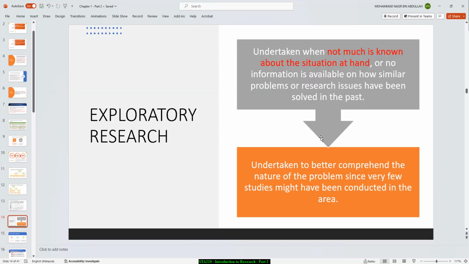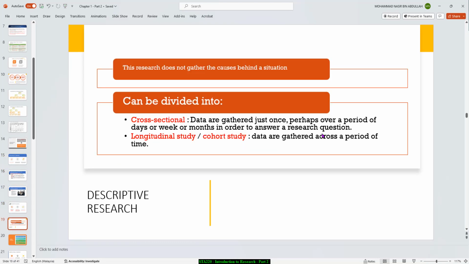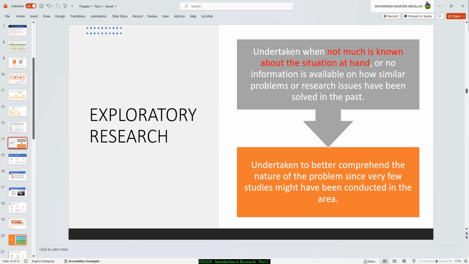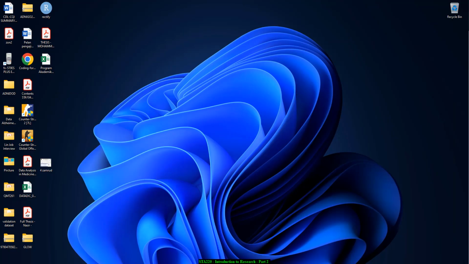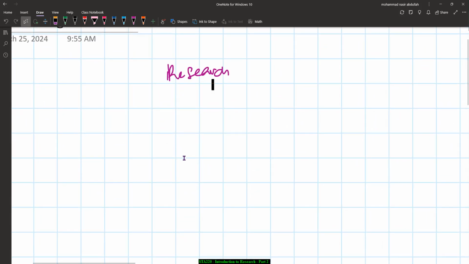So let me simplify all these slides into one diagram, right? Basically, there are 2 types of research design. This is a basic research design. Oh, the writing is not nice, let me enlarge it a bit.